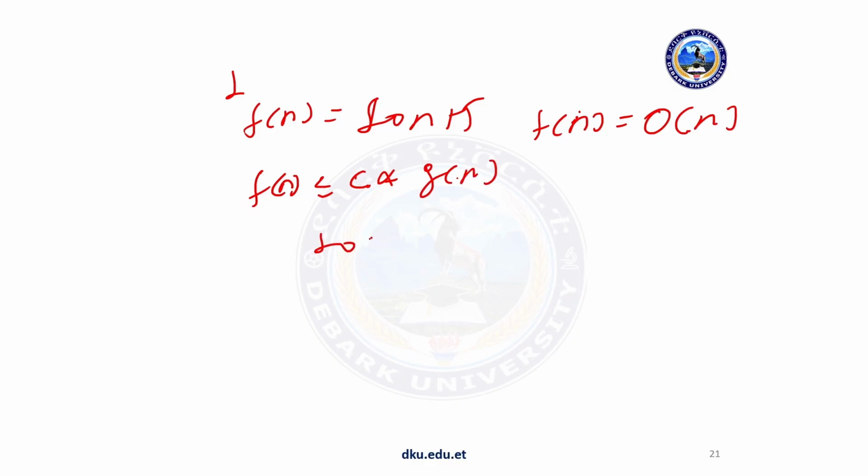So 10n plus 5 is less than or equal to c times g of n.